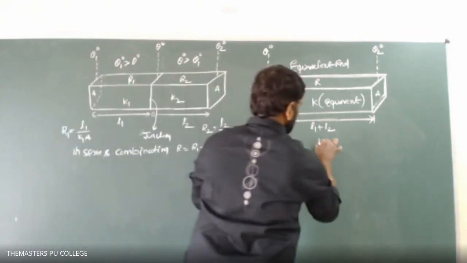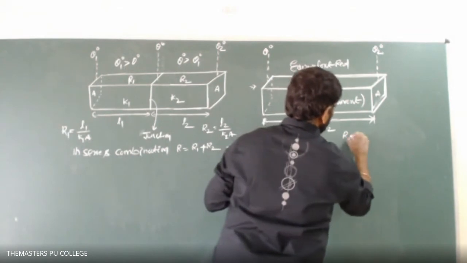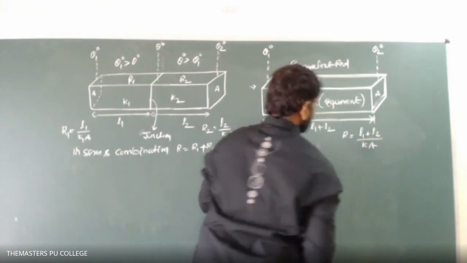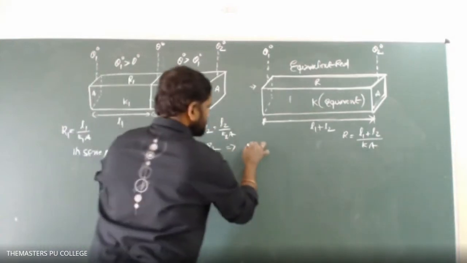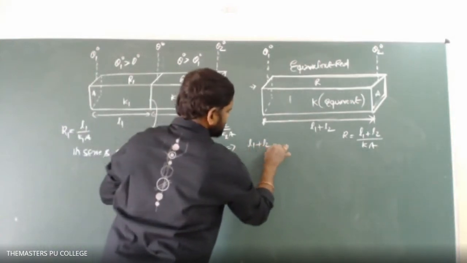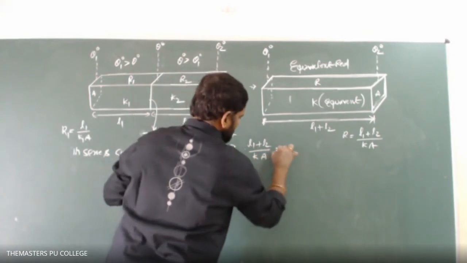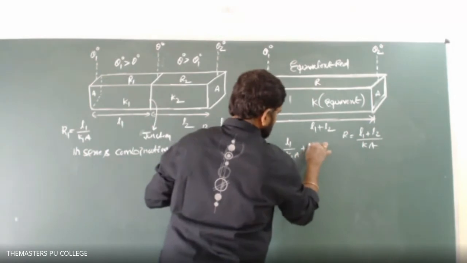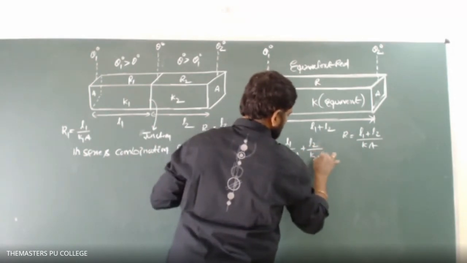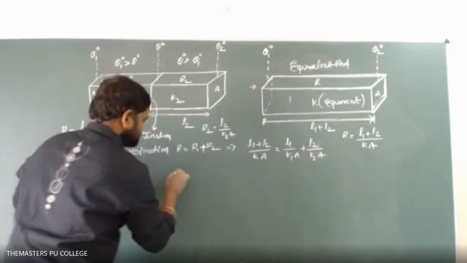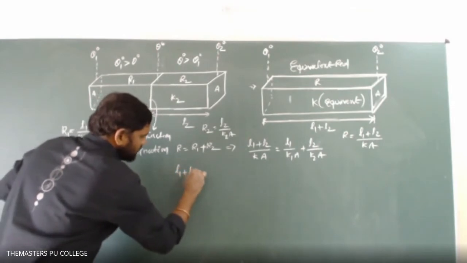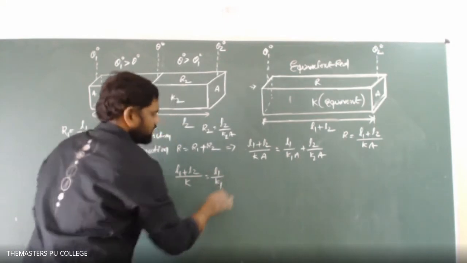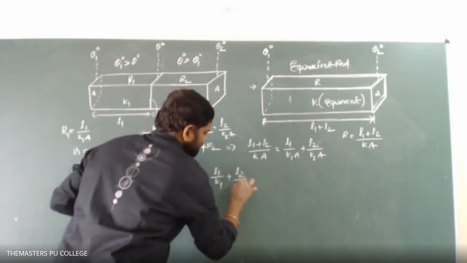So R equals L1 plus L2 upon KA. Therefore, L1 plus L2 upon KA equals L1 by K1A plus L2 by K2A. A is common, we can cancel that. L1 plus L2 by K equals L1 by K1 plus L2 by K2.